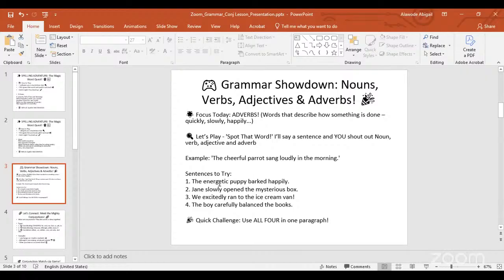Puppy is a what? Puppy is a noun. How about barked? Barked is a verb. And happily? Happily, adverb.